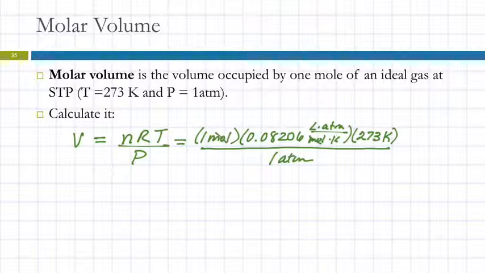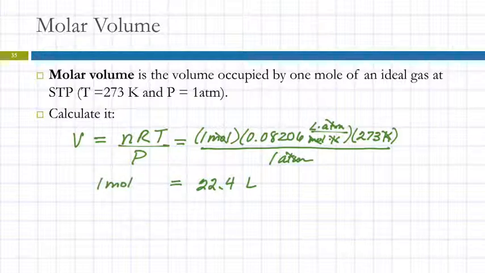So the moles cancel, the atmospheres cancel, the kelvins cancel, and we get 22.4 liters. It's often expressed with 3 significant figures, although it could be done more precisely.